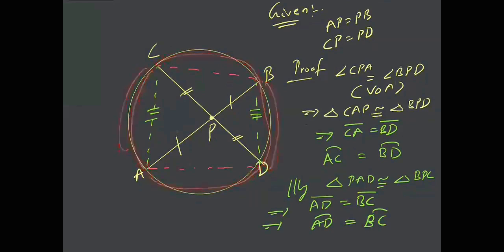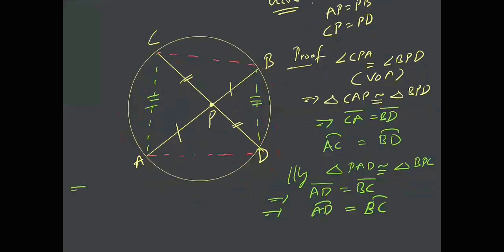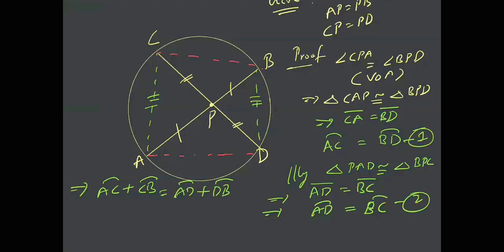So this simply implies that arc AC plus arc CB is equals to arc AD plus arc DB, right? I mean, what I have done, okay, let me write it in this way, that arc AC plus arc AD is equals to arc BD plus arc BC.